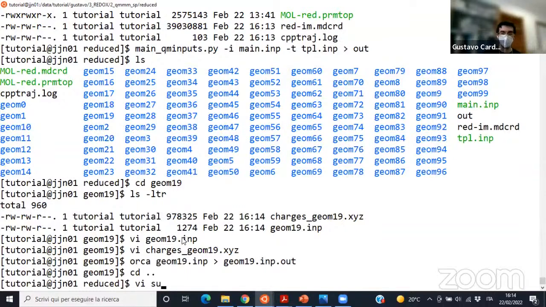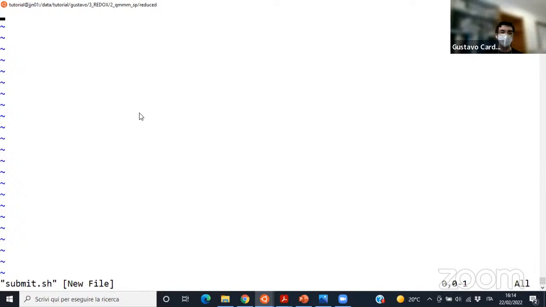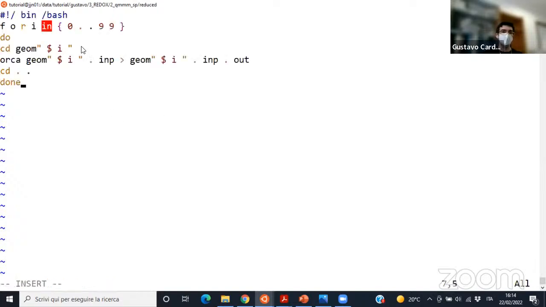Let us generate the submit.sh file. So I for insert, and then we paste things here. Yeah, it did some weird stuff. So here we're doing a for loop.